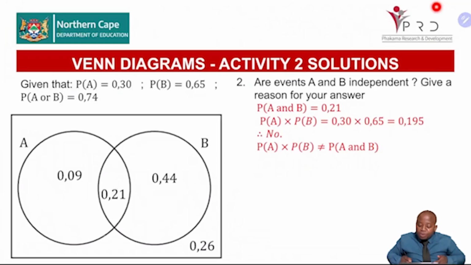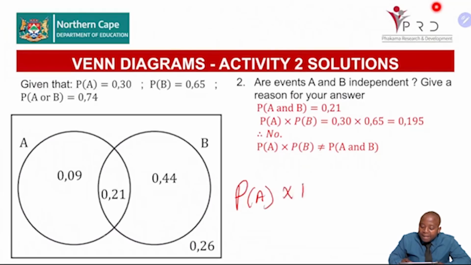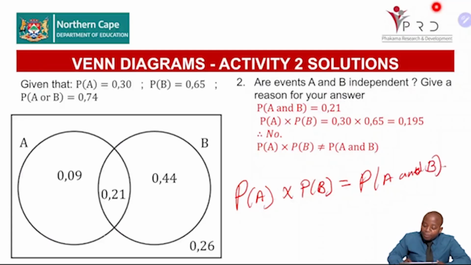Remember, for events to be independent, the probability of event A multiplied by the probability of event B is equal to the probability of event A and event B occurring at the same time. The probability of A and B occurring, we already have, was 0.21.